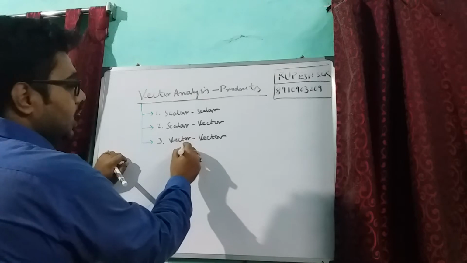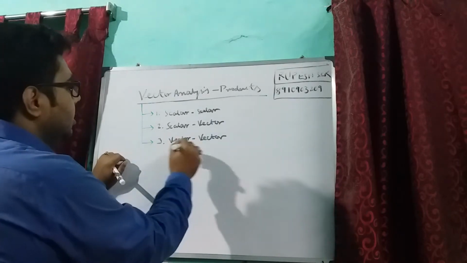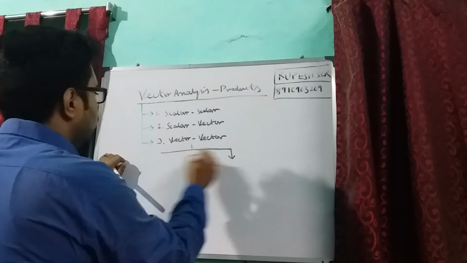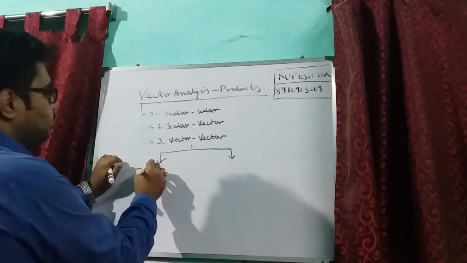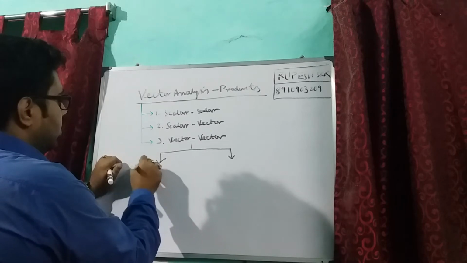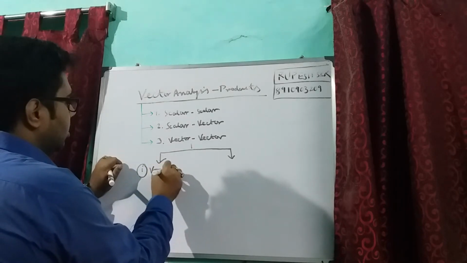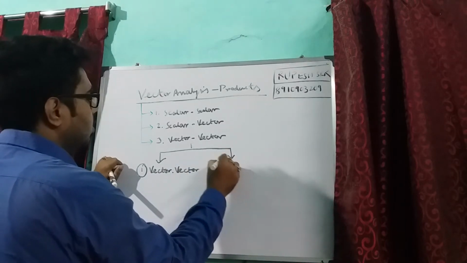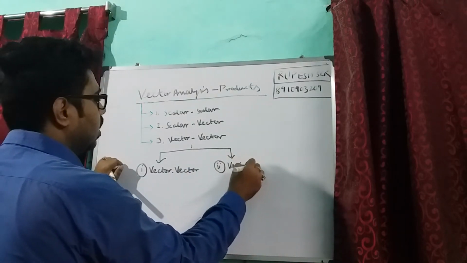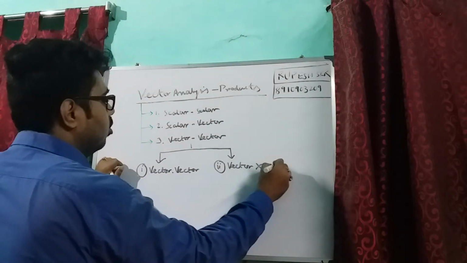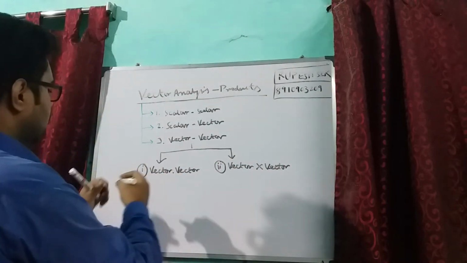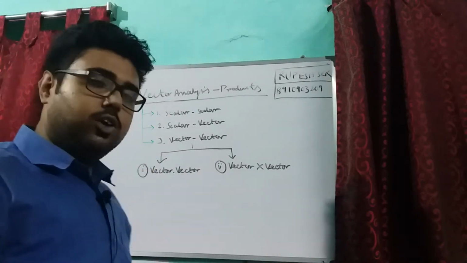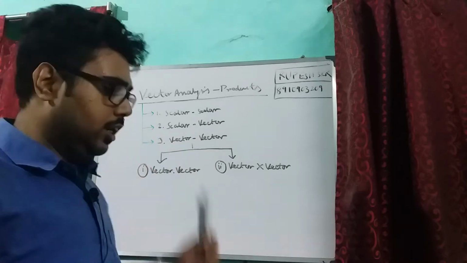As we have said, we can further divide this vector product into two subparts: number one, vector dot vector, and number two, vector cross vector. Now we will be delineating all these types of products in vector analysis.